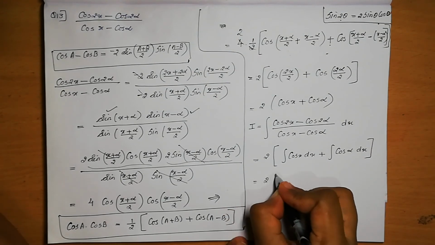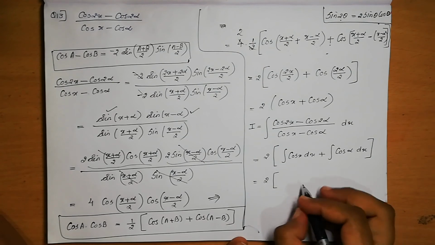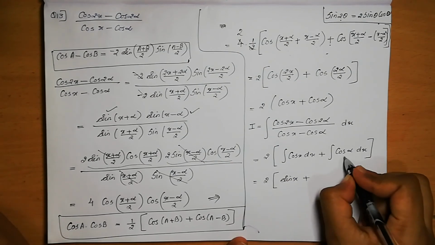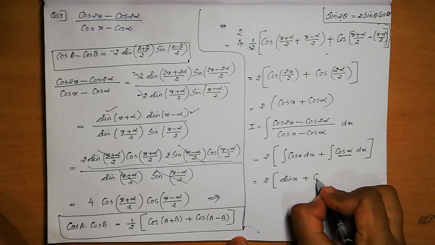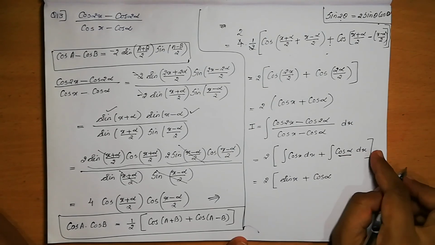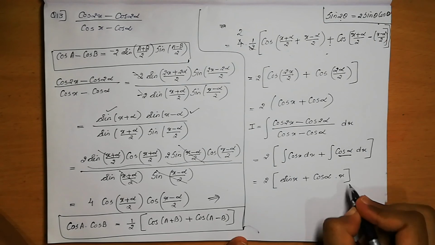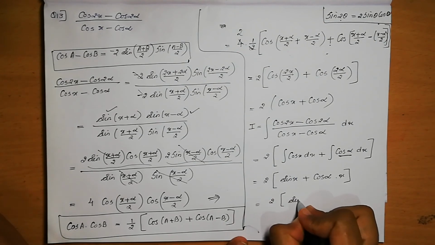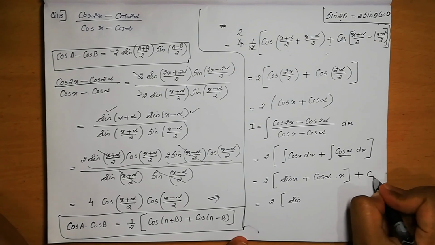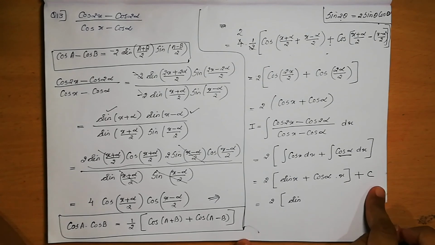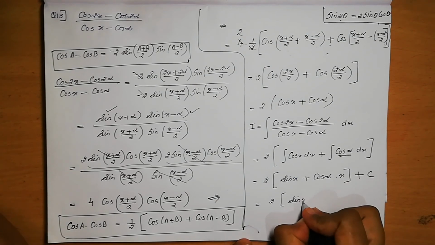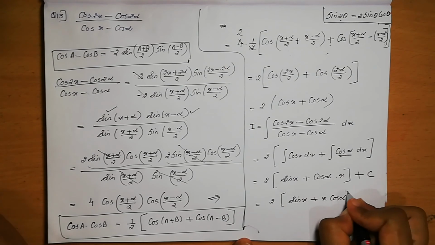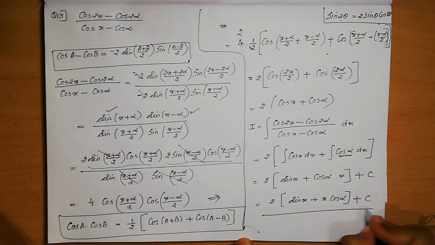So 2 into integral cos x is sin x, plus this cos alpha is a constant that we need to write outside. Integral dx is x. That means 2 into sin x plus x cos alpha, plus c, the arbitrary constant or constant of integration. Answer.